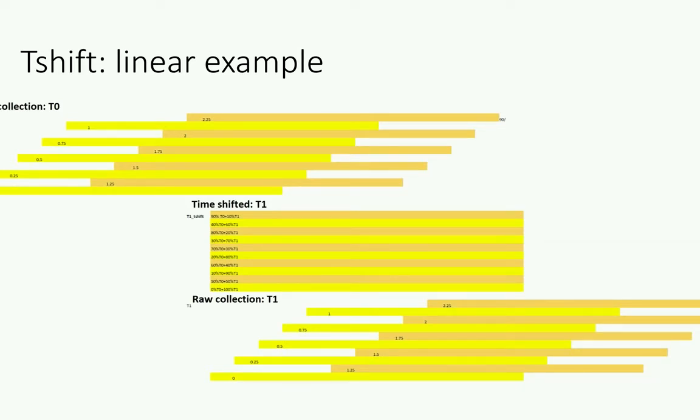So to go into this in just a touch more detail, what you're doing in your time shifting, if you're doing linear interpolation, is taking a little bit of information from time 1, a little bit of information from time 0 to recreate what the data is looking like at time 1. This is a linear example where you're taking differential proportion.